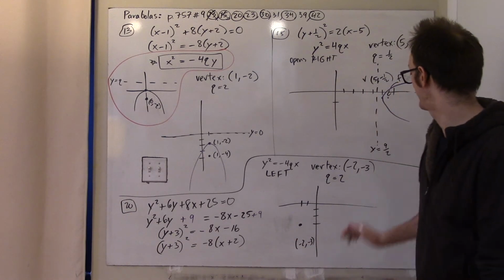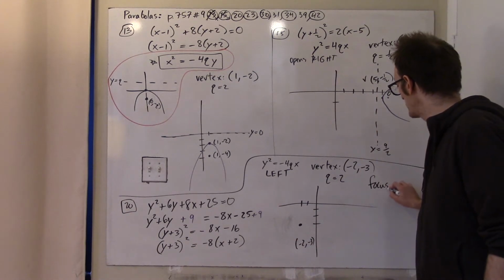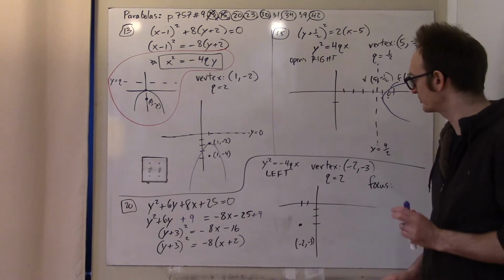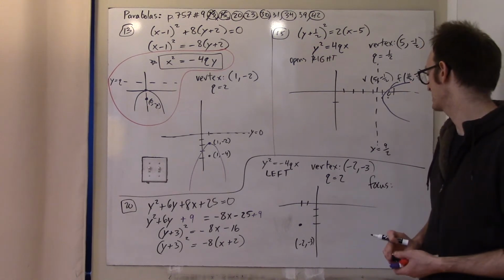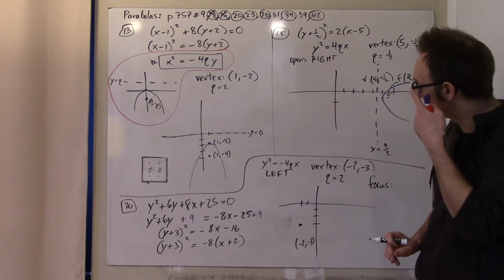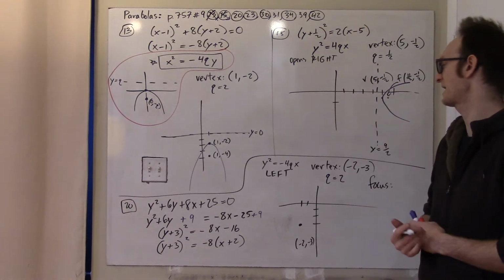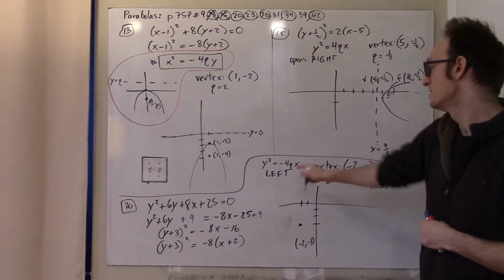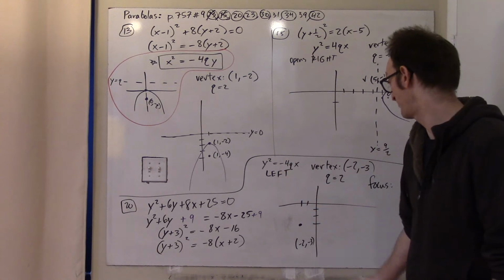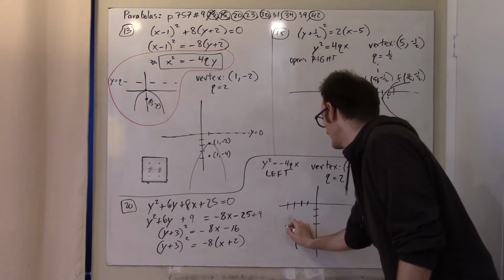Okay, I put that label in a bad spot, but that is my vertex. Where is my focus going to be? They tell me to draw a picture, but I would just draw a picture anyway because I think that this is a visual activity. So when I have plotted my vertex, I now say, okay, this parabola is opening left, so the focus is going to be right here.